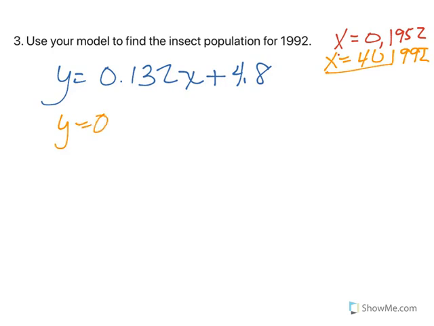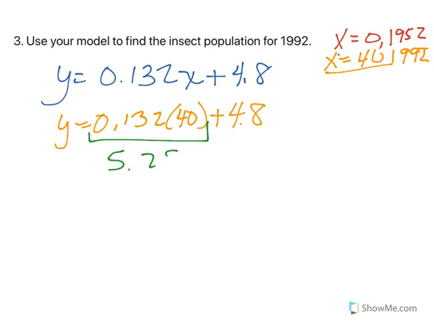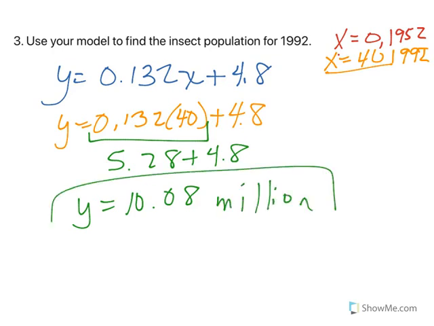So if I go to my equation and I plug in 40 for x, okay, so multiply 0.132 by 40, I get 5.28 plus 4.8. I end up with 10.08. And again, my y values are in millions. So for 1992, we would have an approximate population of 10.08 million.